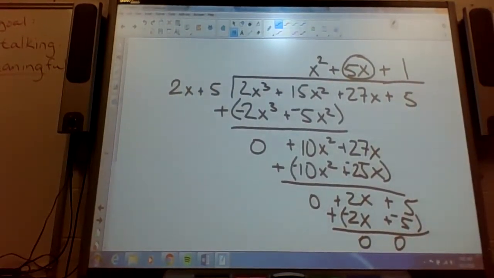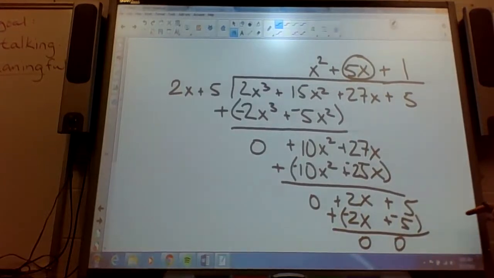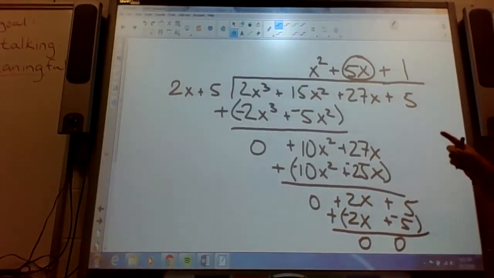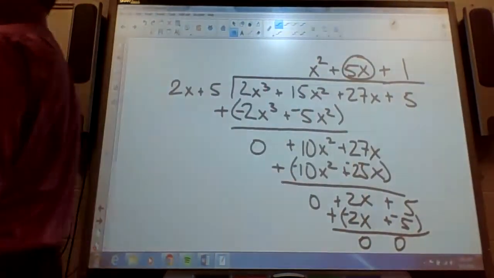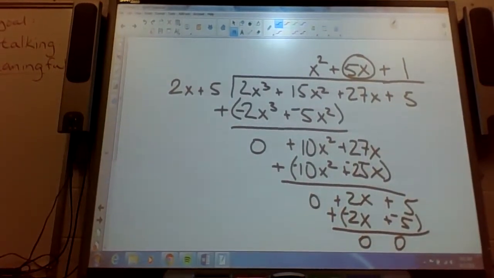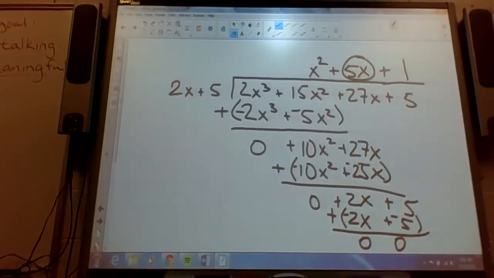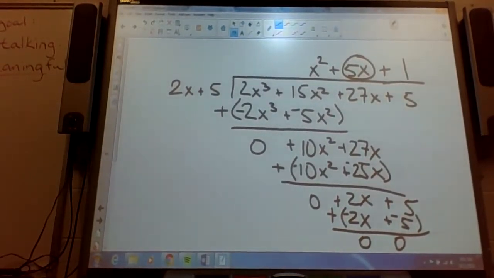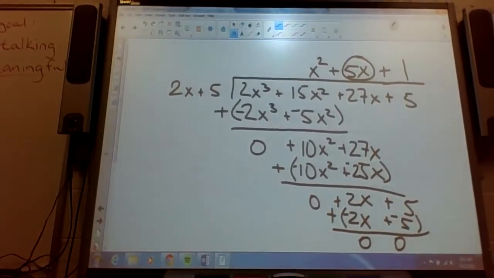The reason I tell you to do this all the time is because we will get into ones that have remainders. Remember what a remainder is? What's 7 divided by 3? 2 remainder 1, right? You're going to have remainders for these as well, okay?